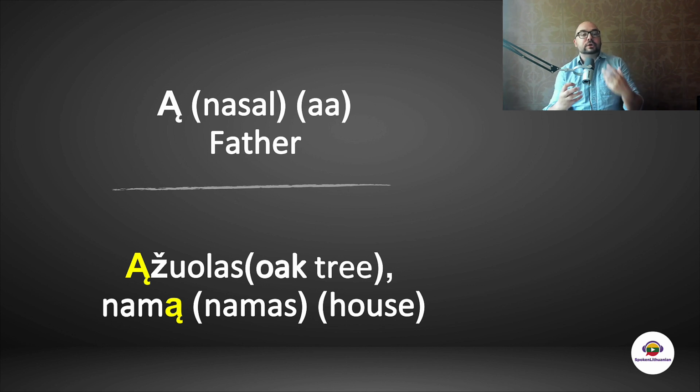That would be the accusative case. I see what? Nama. I will be making a lesson about cases soon enough, but right now, just remember that in some cases we have the nasal A at the ending, house, nama. But in oak tree, we have ąžuolas at the beginning, a longer A basically.